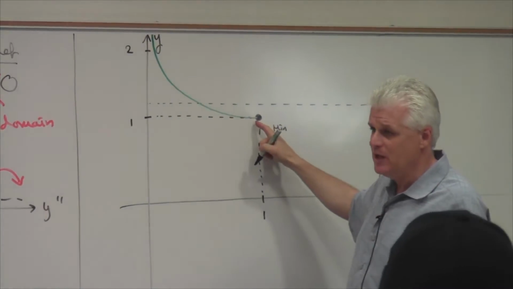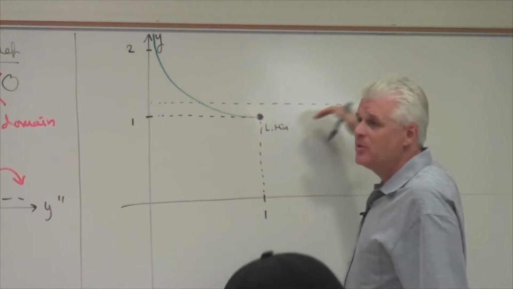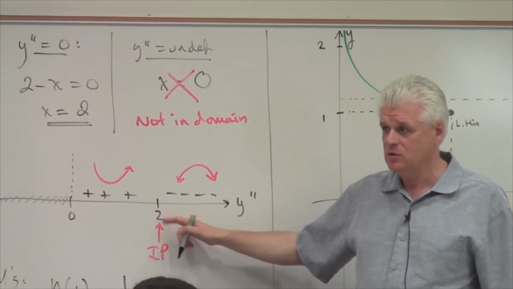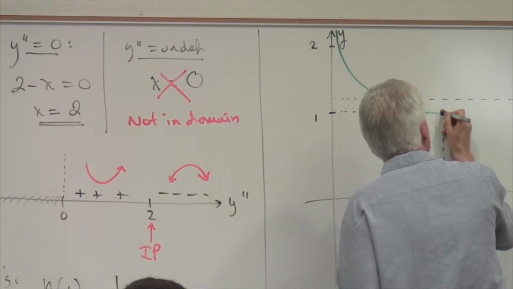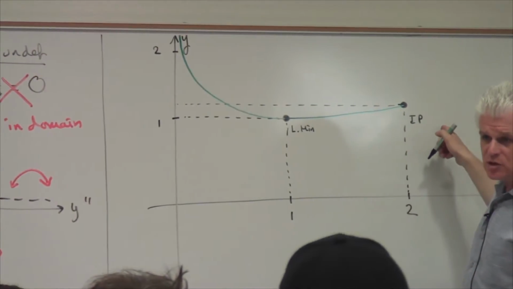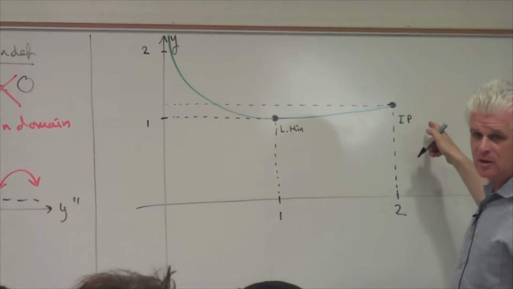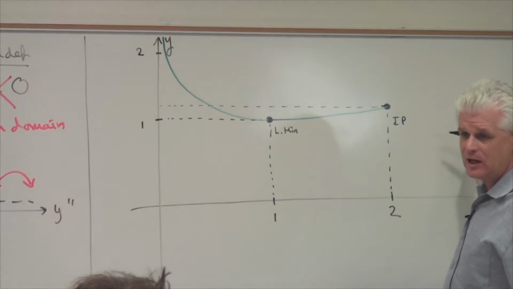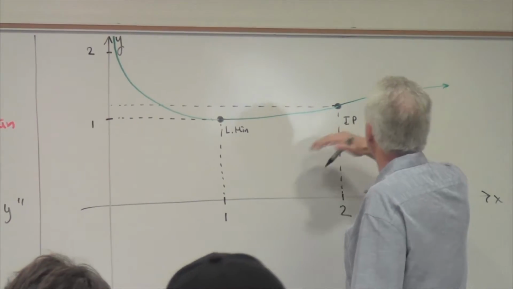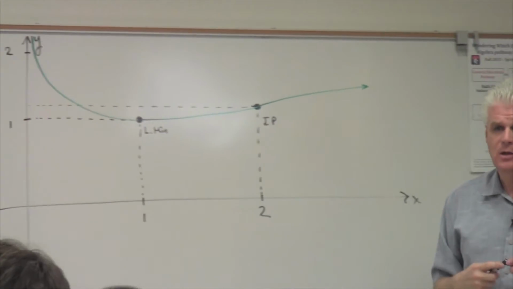As it passes through the min, it starts to head uphill again, but it remains concave up until it reaches 2. So I need this concavity to stay that way until I reach 2. Once I reach 2, what's going to happen? The concavity twists the other way again. Okay? So it's going to start concave the other way again at that point.